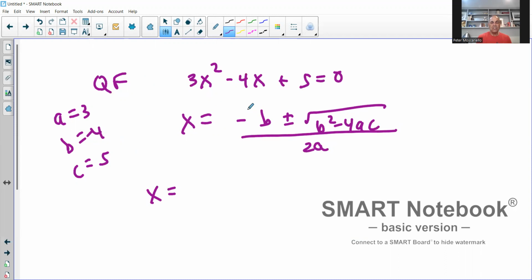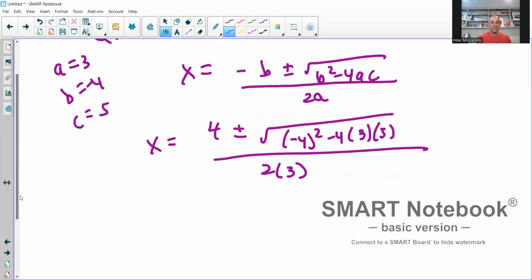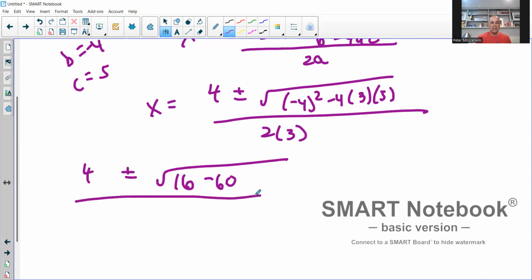B is -4, so negative B is +4. -4 squared minus 4AC, and the whole thing is over 2A. All right, so we got that. So that's 4 plus or minus 16 minus 60, I think, all over 6.